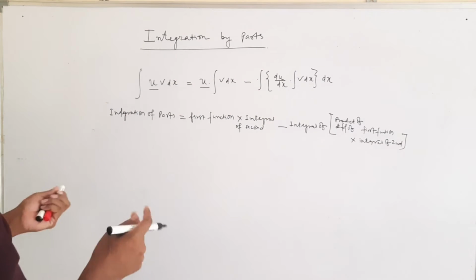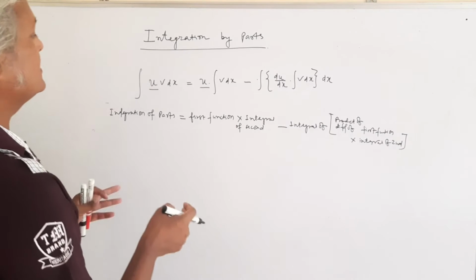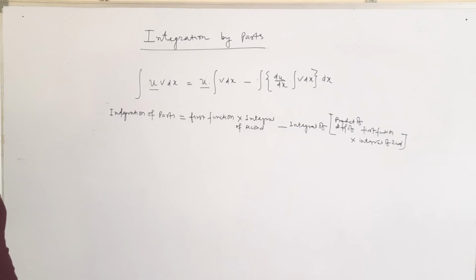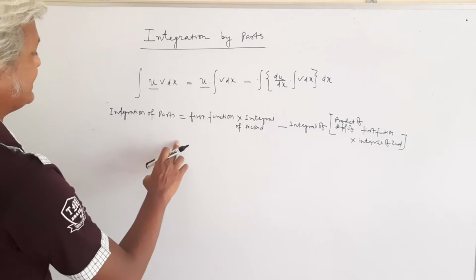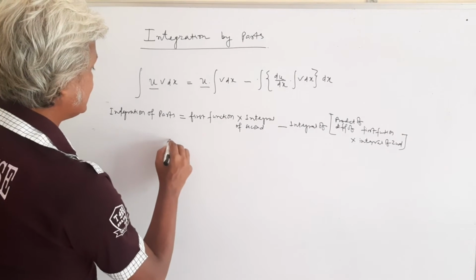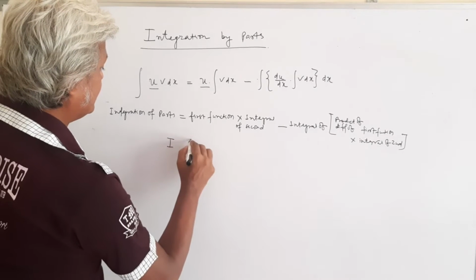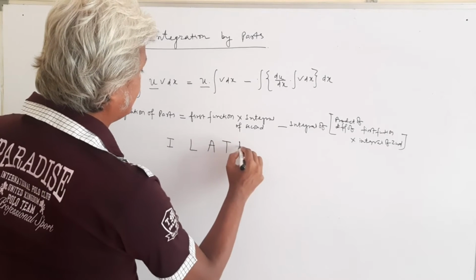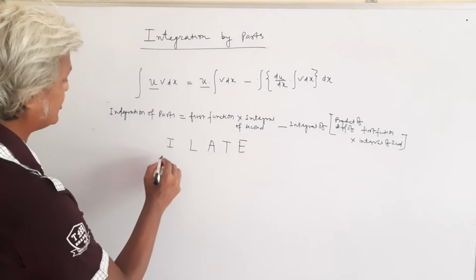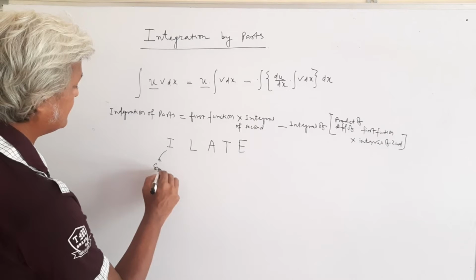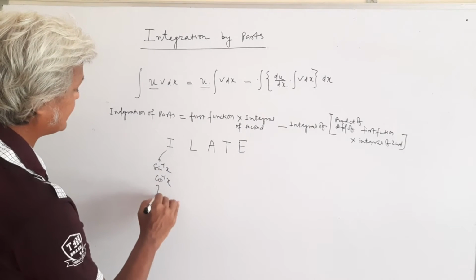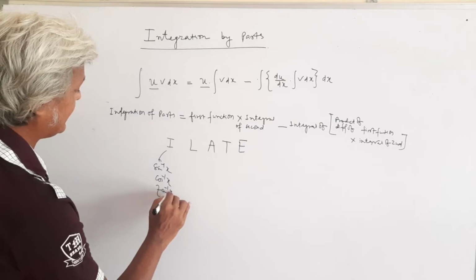Now, how do we find which function is the first function and which is the second? The rule says the order will be based on ILATE. I means inverse trigonometric functions like sine inverse x, cos inverse x, tan inverse x.